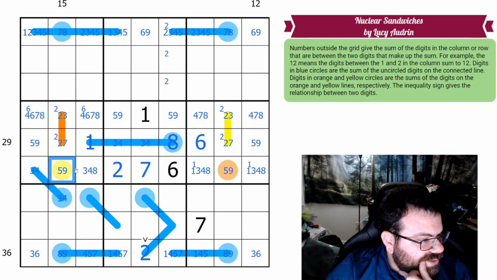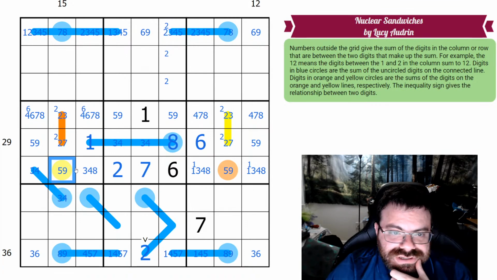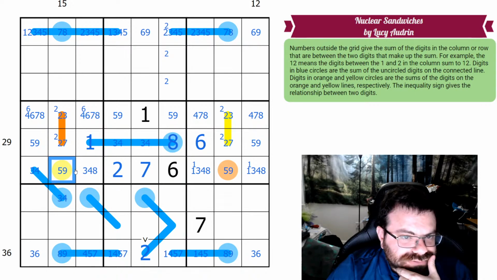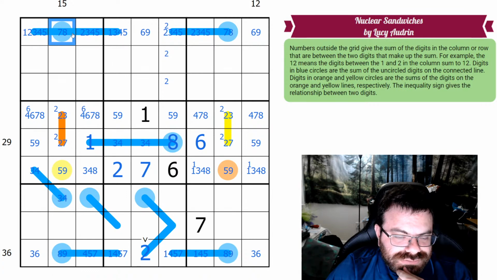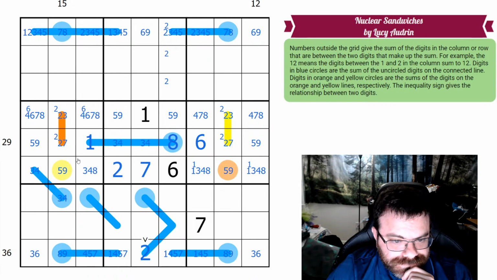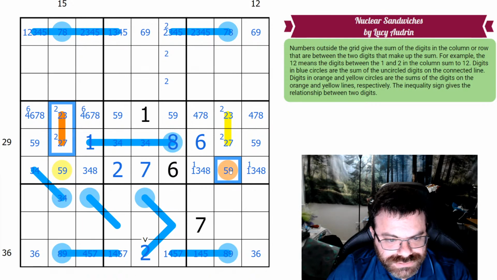The 8 is at the top above 279. I'm confused at what you're trying to say, actually. If you have a 279 in column 2, well, the 9 would go here.